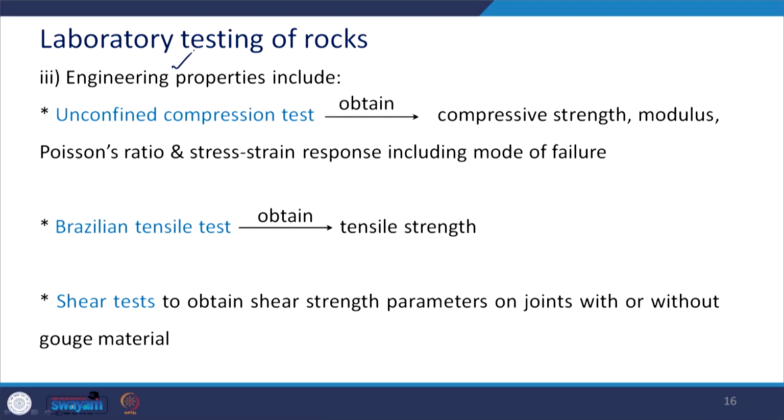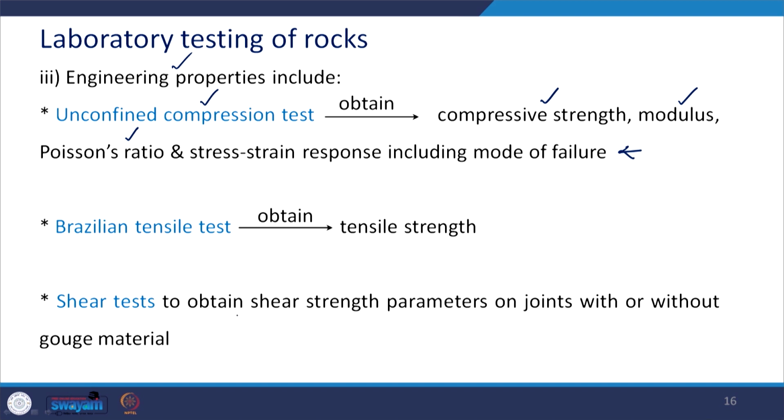The third category includes the engineering properties. Under this category, the first test that we conduct is the unconfined compression test, which is conducted to obtain the compressive strength, elastic modulus, Poisson's ratio and also the complete stress strain response including various modes of failure.